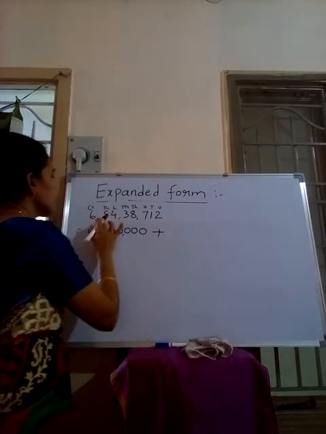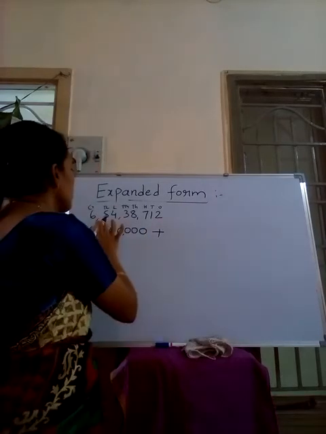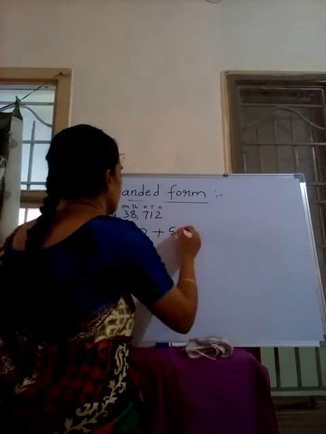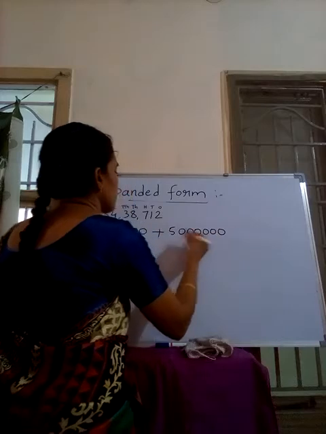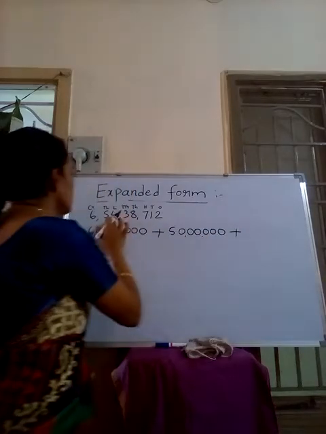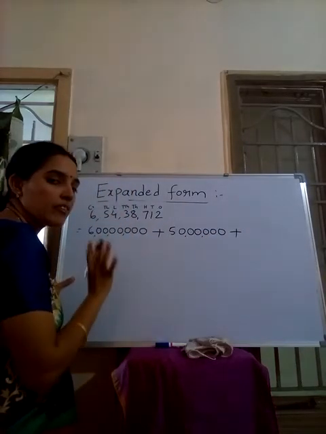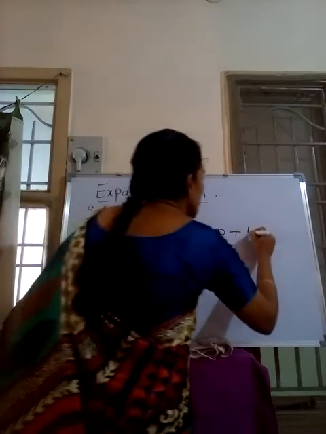6 crores is 6 followed by 7 zeros. Plus 5 is there in 10 lakhs place. Value is 50 lakhs, that is 5 followed by 6 zeros. Plus 4 is there in lakhs place. Value is 4 lakh. Lakh is having 5 zeros, so 4 followed by 5 zeros.